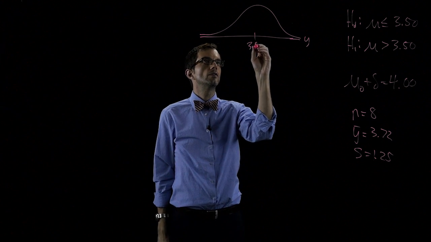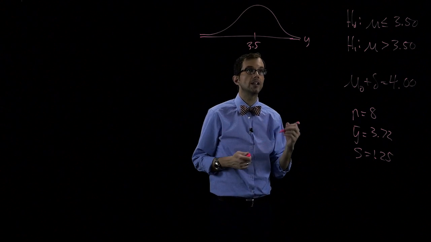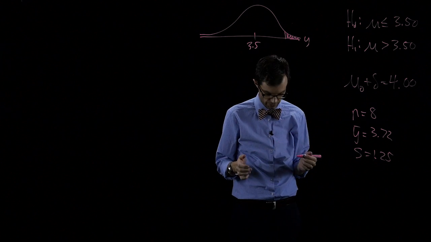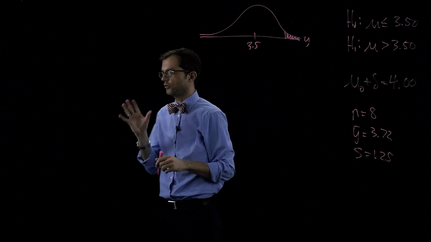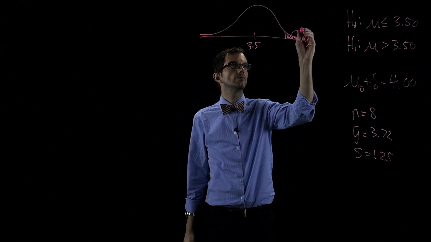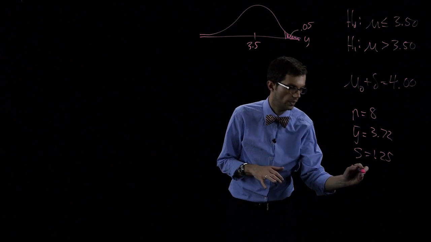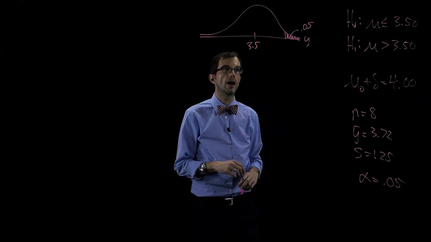Here is the hypothesized value 3.5, and up here, beyond some value, we would reject the null. Let's conclude that we're wanting to draw conclusions with 95% confidence. So this area up here is going to be 0.05. We want 95% confidence, alpha of 0.05.